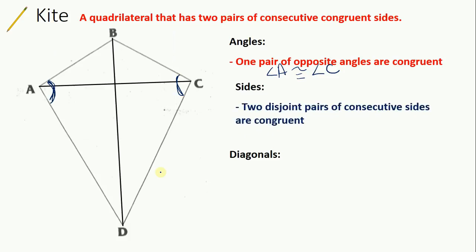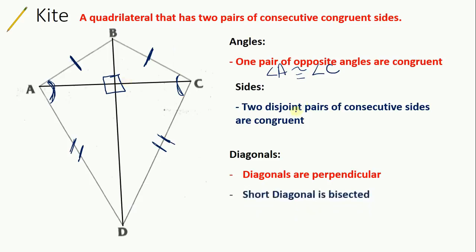For sides, you have two disjoint pairs of consecutive sides are congruent. What do I mean by that? That tells me AB is congruent to BC and AD is congruent to CD. So notice the upper little triangles are congruent, the diagonals are congruent, and then these guys are congruent as well. What do we know? Diagonals are perpendicular, so that tells me that I have right angles in here. These all have to be a right angle.